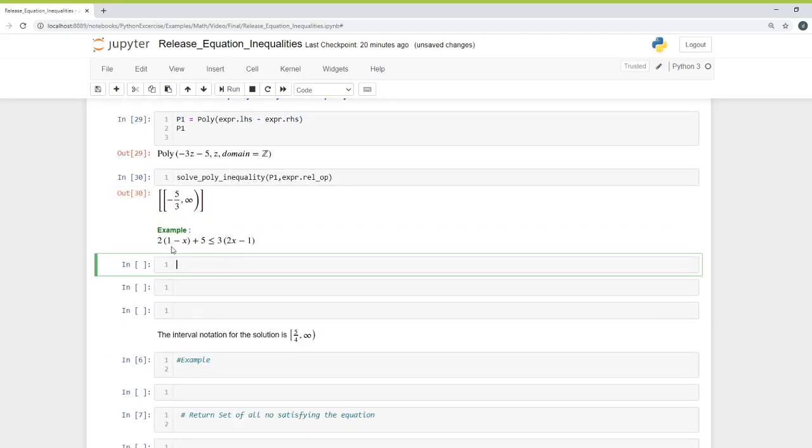Next example is 2(1 - x) + 5 is less than or equal to 3(2x - 1). So this is our linear inequality. First convert it to a polynomial.